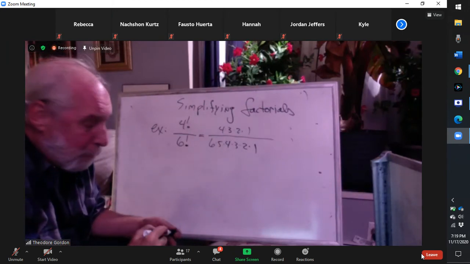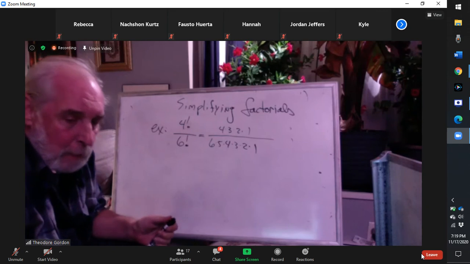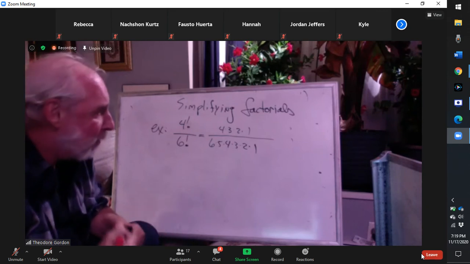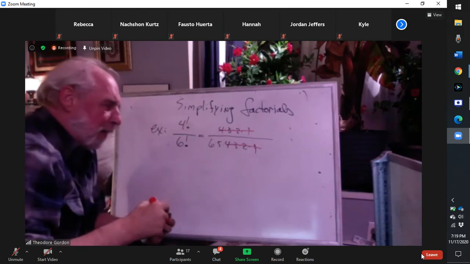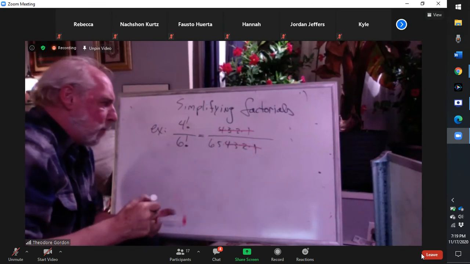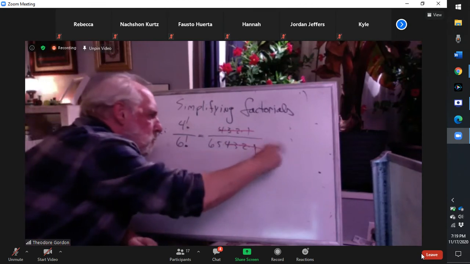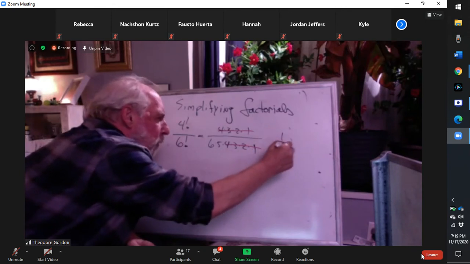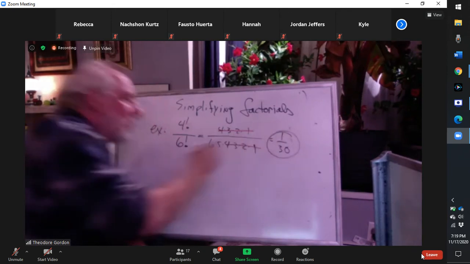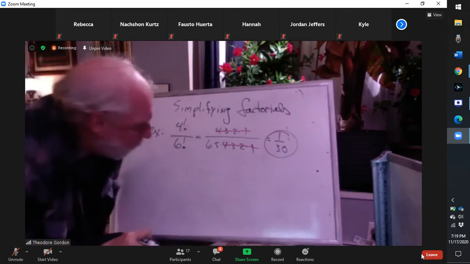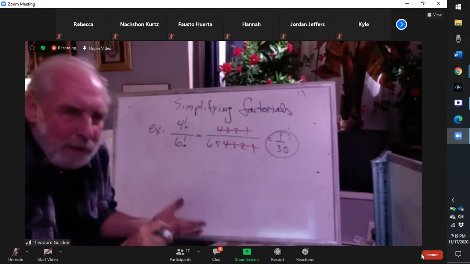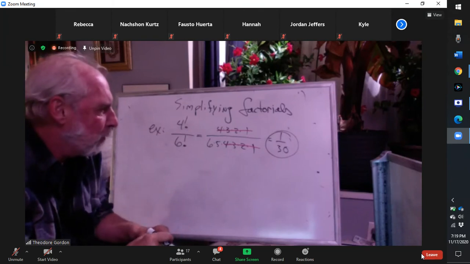But since everything is being multiplied, that means everything is a factor, and we can cancel. Those cancel out, and what we're left with is 1/30. So that simplifies to 1/30. So this is just basic manipulation of factorials.